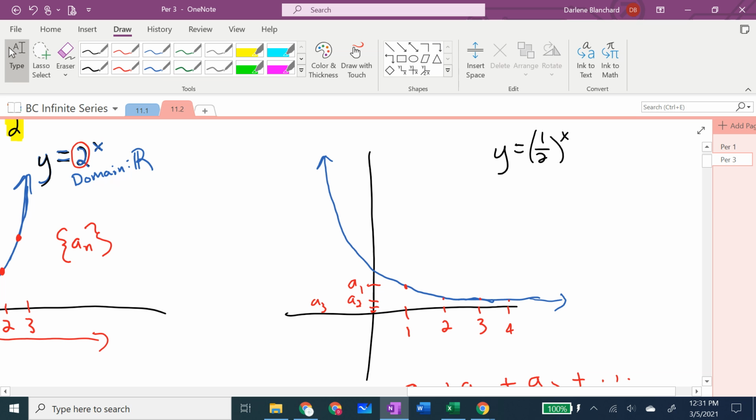If you have the decay model, when I look at it as a continuous function with a base that is between 0 and 1, with a domain of all real numbers, I can see this asymptoting happening. Asymptoting does not mean that when I add all these a sub n numbers together, that I'm going to get an answer.